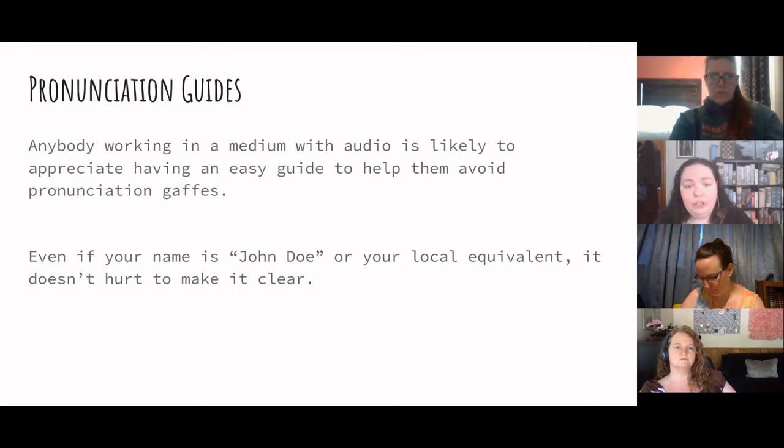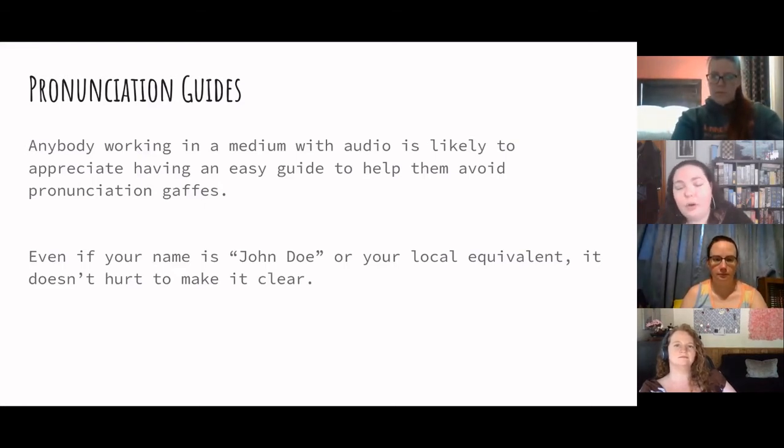Honestly, even if your name is John Doe or whatever your local equivalent of John Doe is, go ahead and explicitly state how your name is pronounced. Because I can tell you from personal experience, as someone who's worked on a podcast, I asked someone how to say his name, just in case there was an umlaut in the history of this pronunciation that is not rendered anymore, but has lingered in their pronunciation.